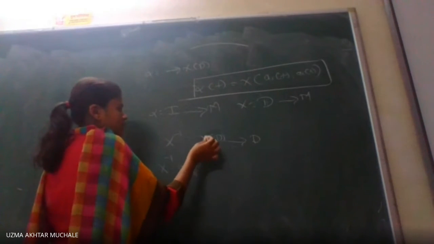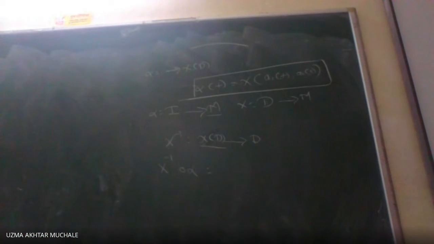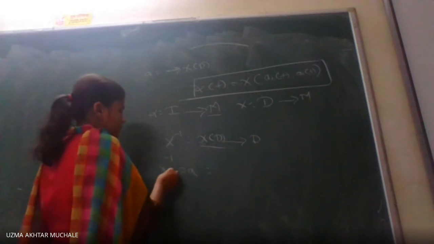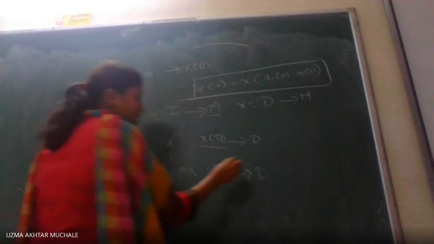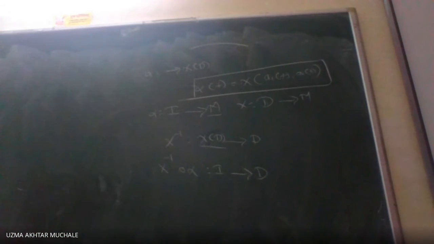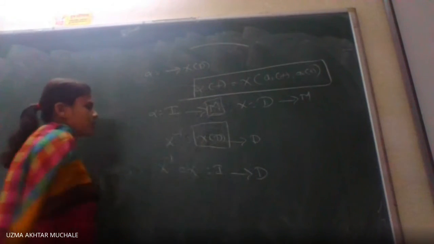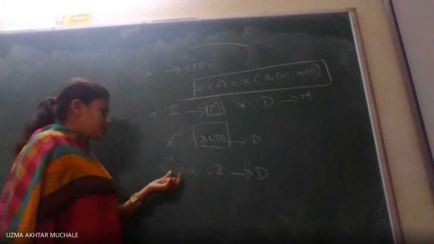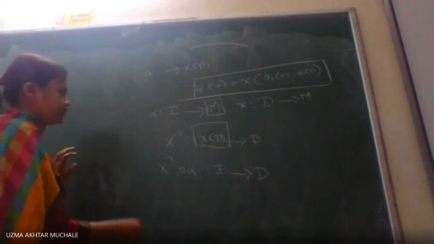Here we can see this M should be equal to x of D. Rather, we can assume the surface M is exactly equal to x of D. Hence the mapping x inverse of alpha will be a mapping from open interval I to D. So the domain matches the codomain of the other function, and we can define the composition of x inverse and alpha. Hence this mapping is from open interval I to D.